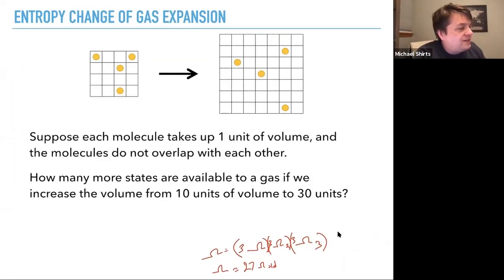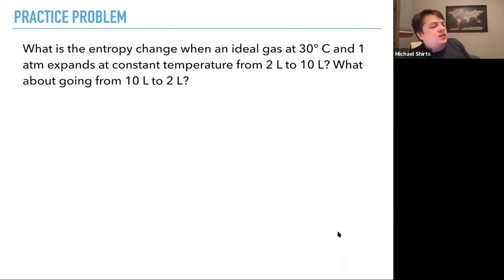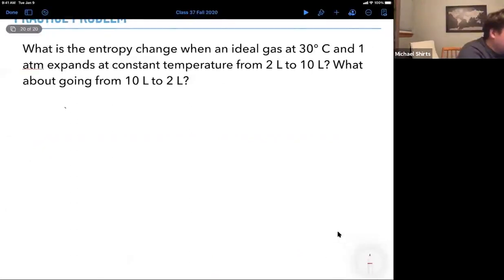So what would we see as the entropy change when an ideal gas at 30 degrees C and 1 atmosphere expands at constant temperature from 2 liters to 10 liters? And what about going backwards from 10 liters to 2 liters? It's an ideal gas, so n equals PV over RT, which is 1 atmosphere times 2 liters, divided by 0.08206 liter atmospheres per mole Kelvin.